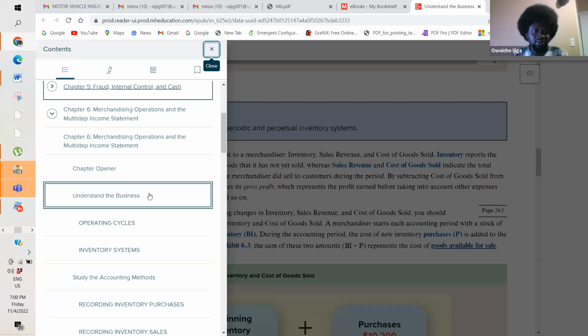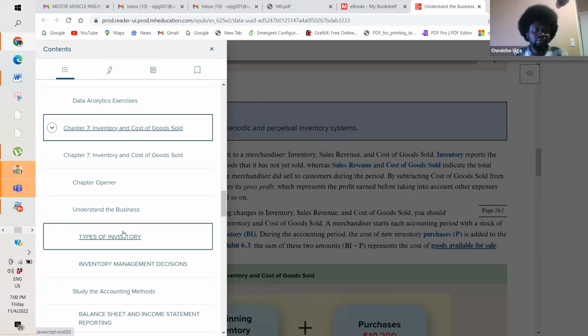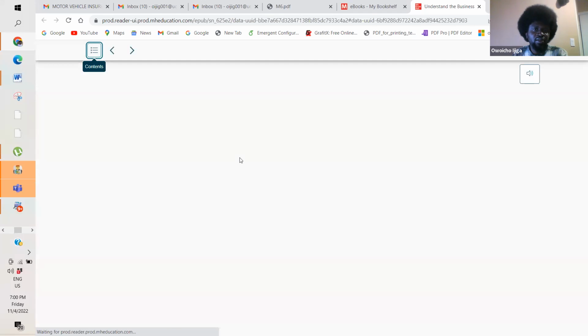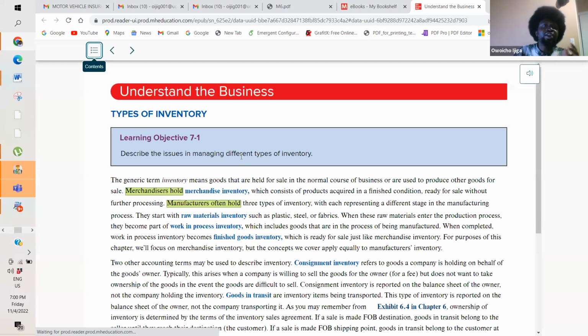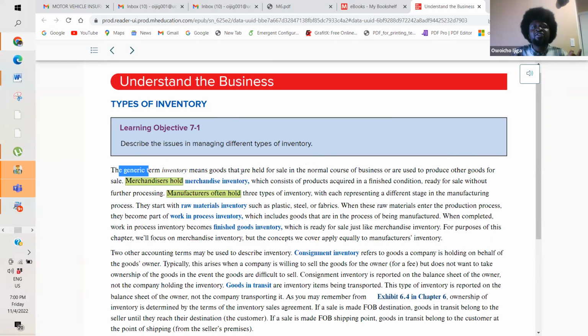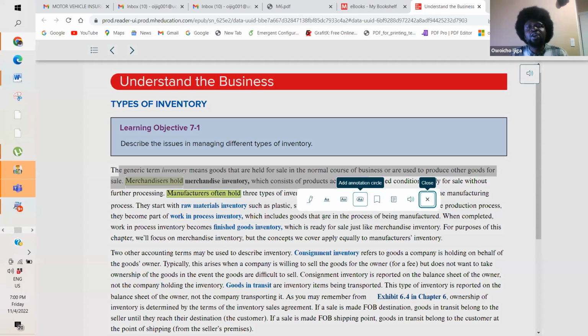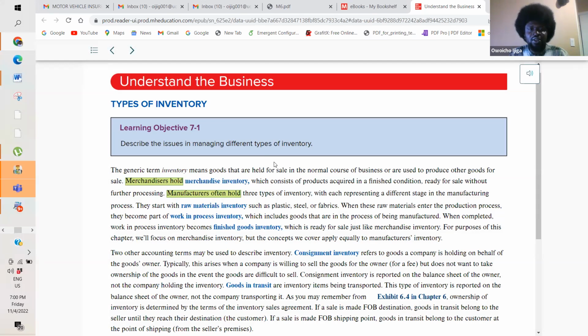Let's go to chapter 7. So here it talks about the types of inventory. And it explains further the generic term inventory means goods that are available for sale in the normal course of business or are used to produce other goods for sale.